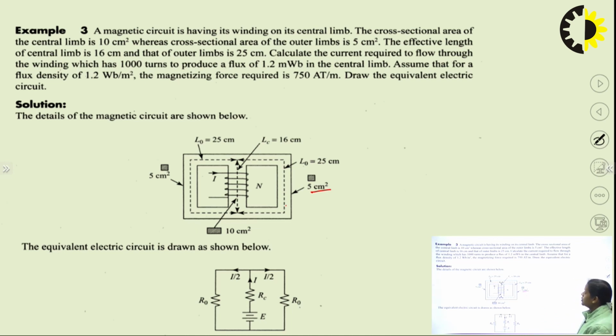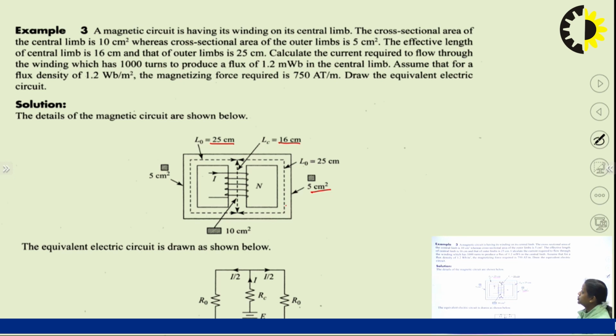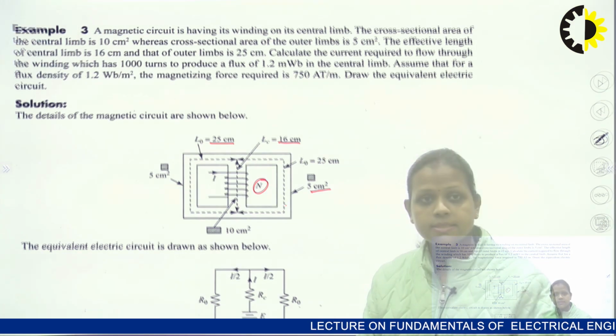The effective length of the central limb is 16 centimeter and of the outer limb is 25 centimeter. Calculate the current required to flow through the winding, which has 1000 turns, to produce a flux of 1.2 milliweber in the central limb.